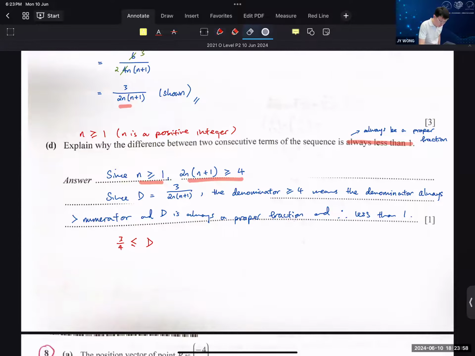It's strictly always less than 1. No, sorry, it's the other way around. D will always be less than or equal to 3 out of 4. The maximum value that d can be is 3 out of 4.